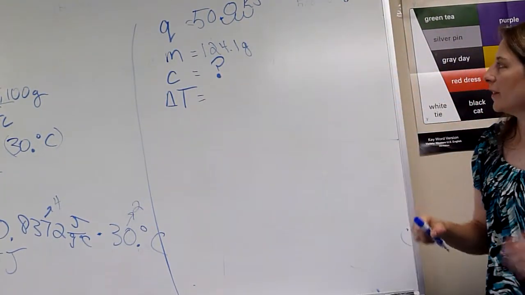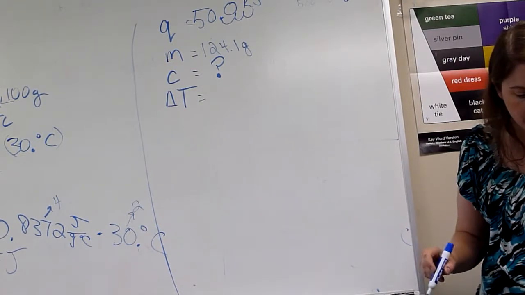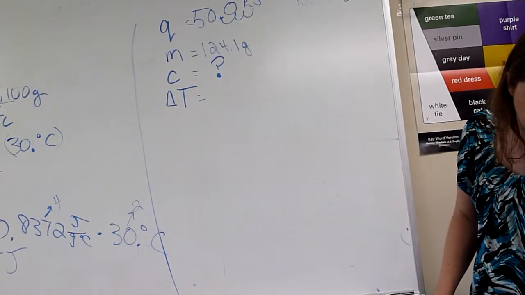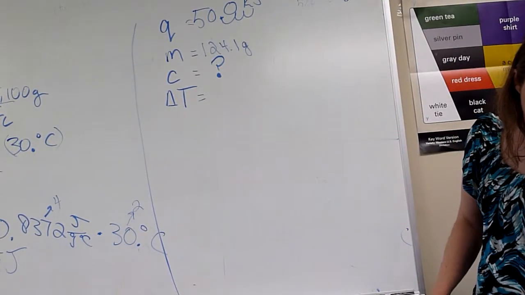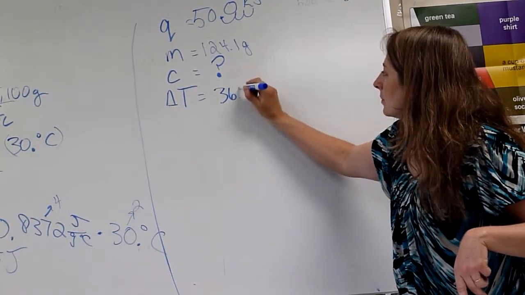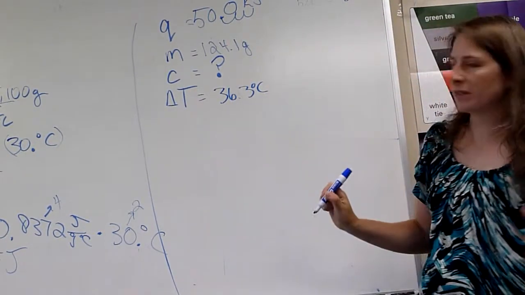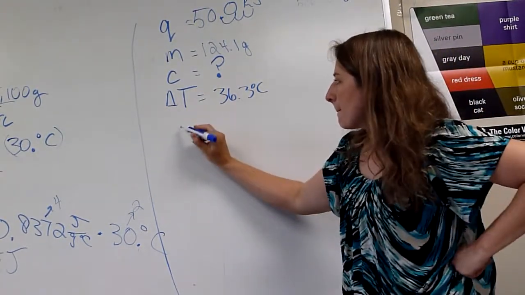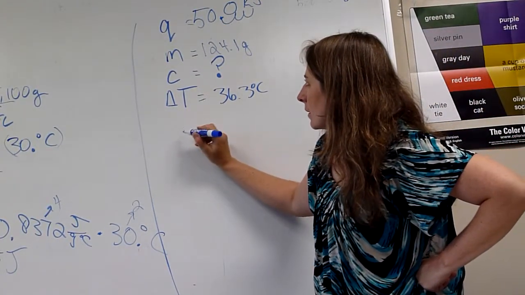I'm going to underline that because it's easier for me. And what is my change in temperature? It increases its temperature by 36.3 degrees Celsius. All right, so what do I do now, Jen? You divide the 50.